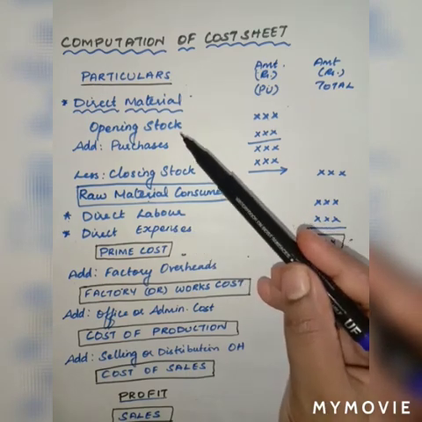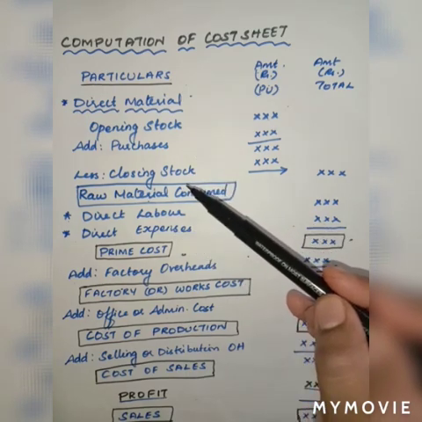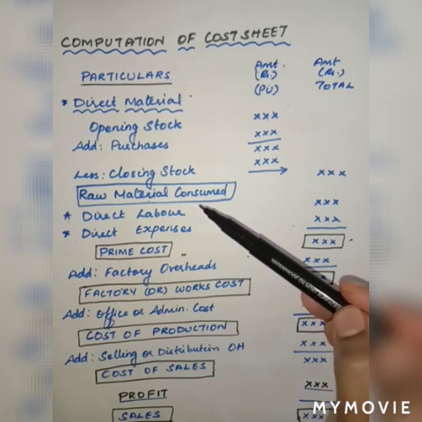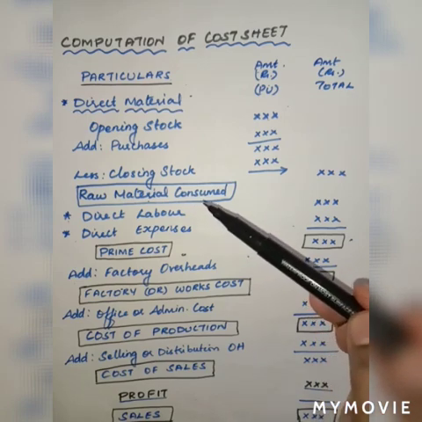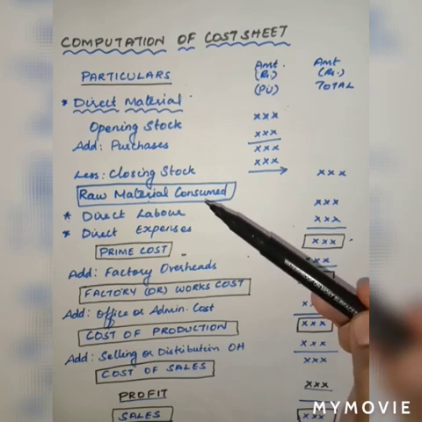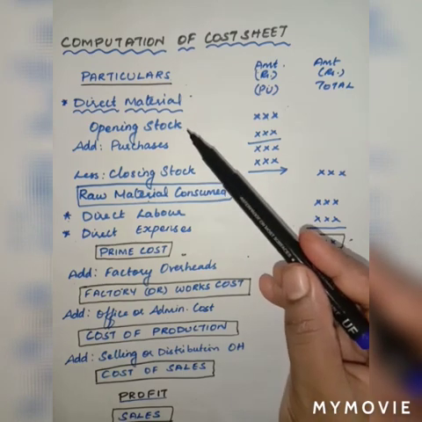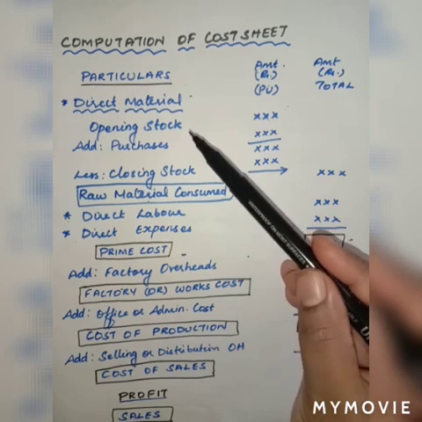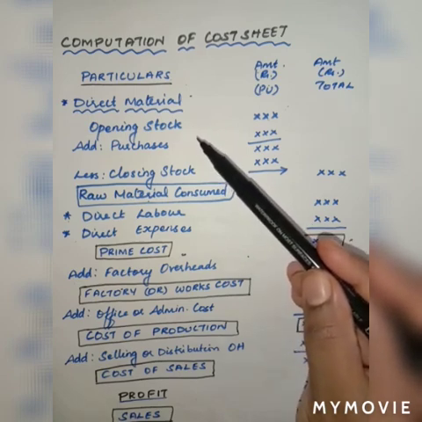In direct material you can see there is a small adjustment. Here you have to find out the material which is used during this particular period or for this particular batch. How to find it? You will have a stock in the beginning, that we call opening stock. Along with that you would have purchased some products, that you can add.